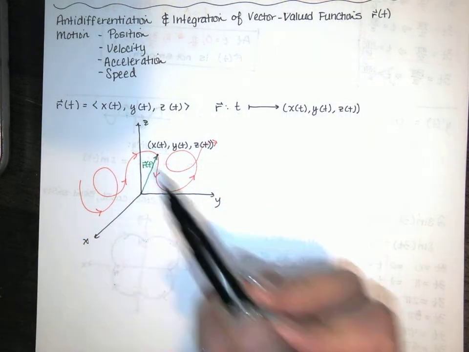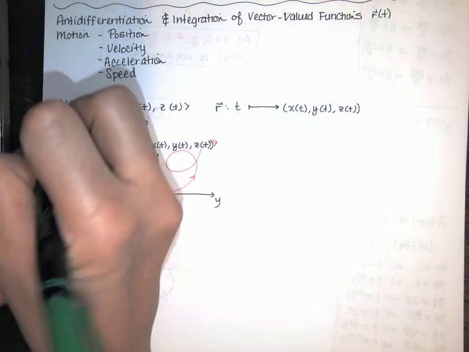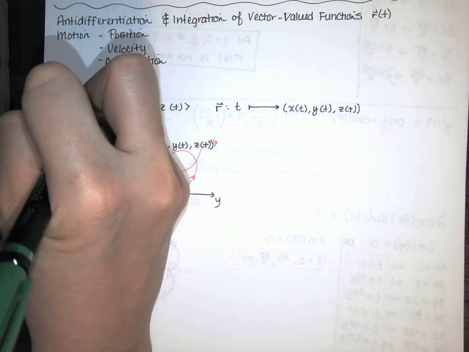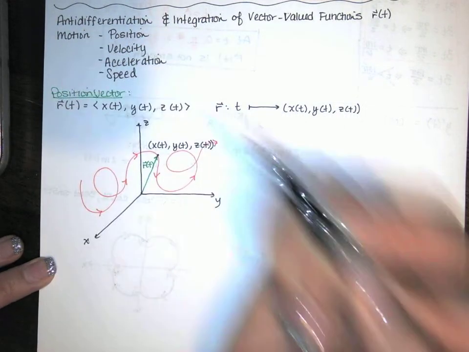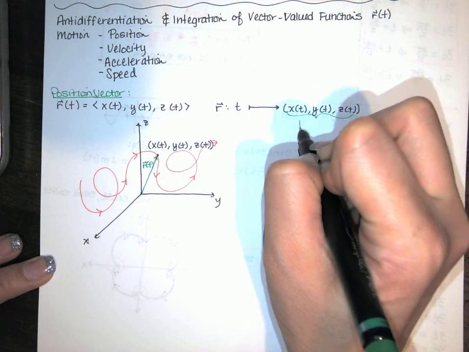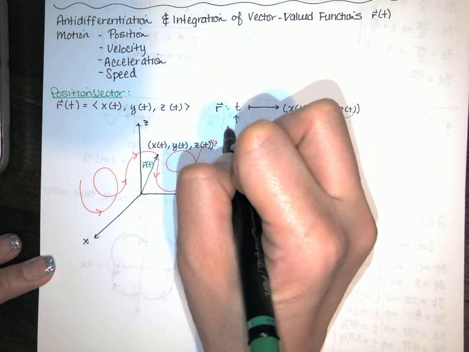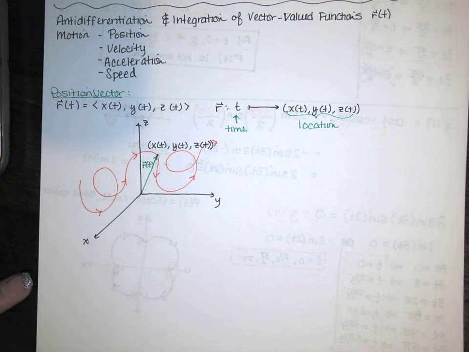With the interpretation of t as time, we can call r of t a position vector. It gives us a location, x of t, y of t, z of t, at a particular time. And that's why we call it a position vector.